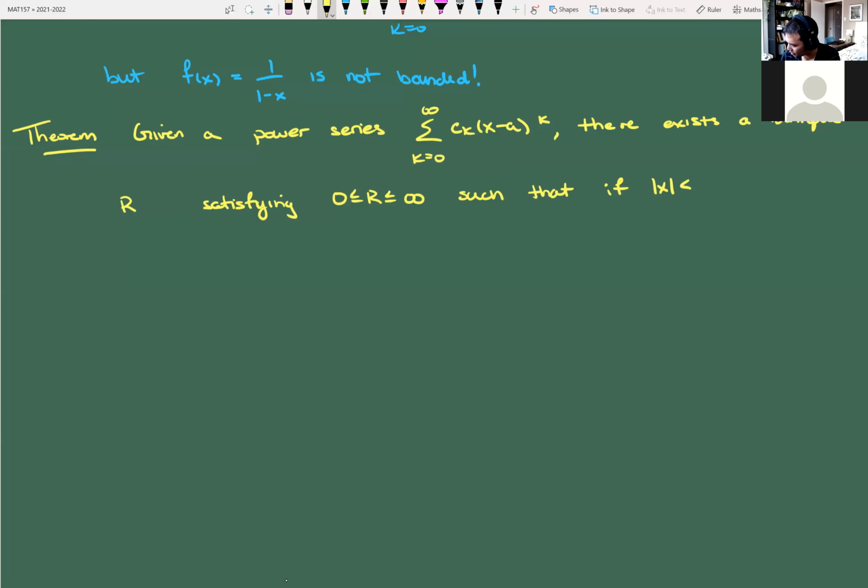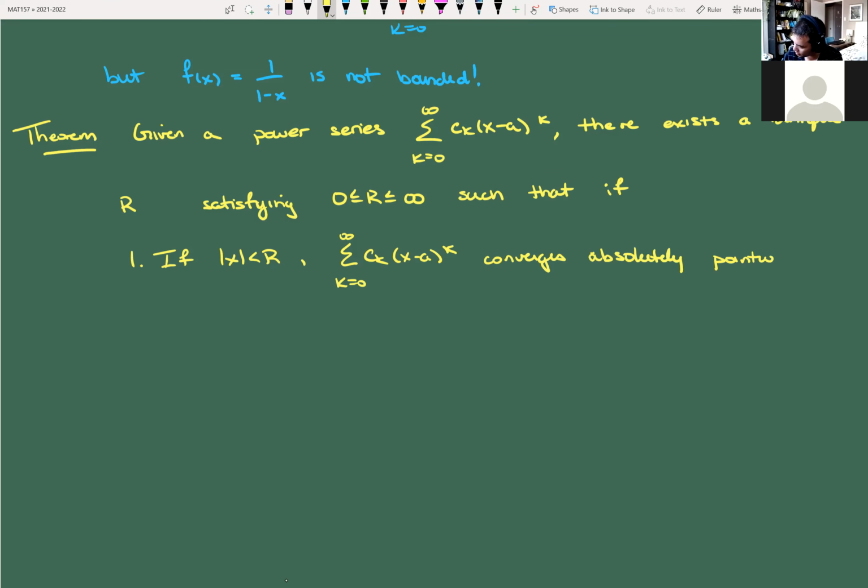if x is a number less than R, then the series converges absolutely. Maybe let me do this as bullet points. So then, 1, if |x| is less than R, the power series converges absolutely, pointwise.